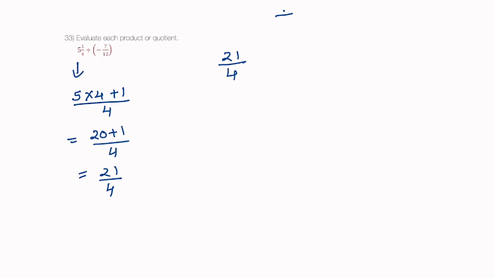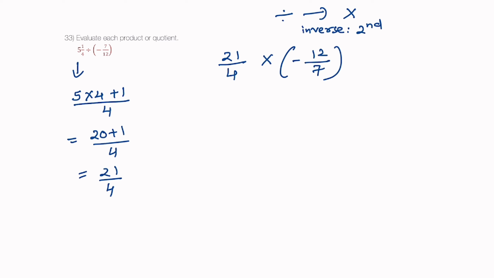We convert the division to a multiplication. So we make this times and inverse the second fraction, right? So inverse it. It's going to be 12 over 7. So basically when you inverse, the numerator becomes the denominator and the denominator becomes the numerator.